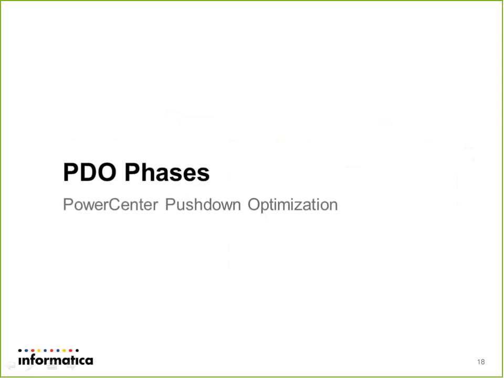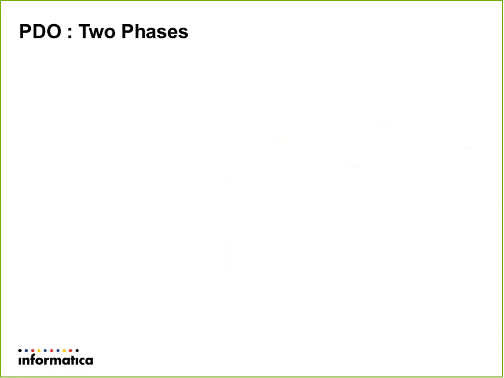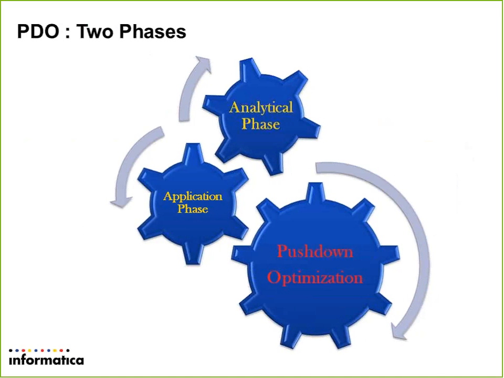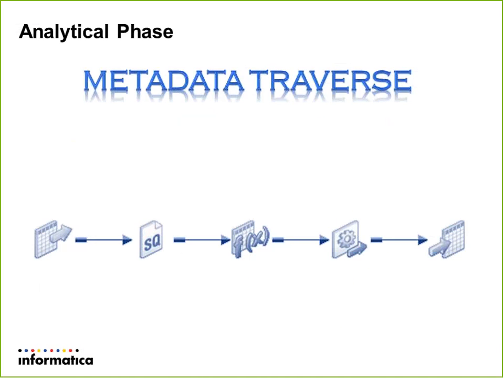With that look back, let's go on to the phases involved in pushdown optimization. Pushdown optimization consists of two phases: the analytical phase and the application phase. The analytical phase involves traversing the entire mapping.